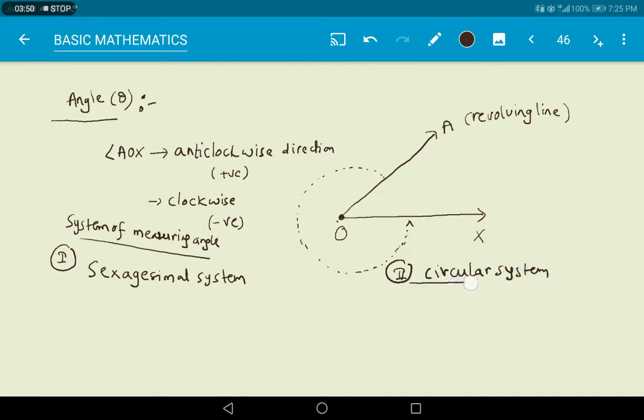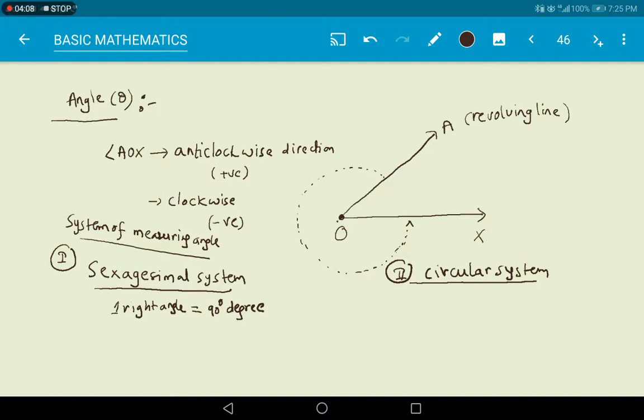In the sexagesimal system we measure the angles like this: one right angle is equal to 90 degree.